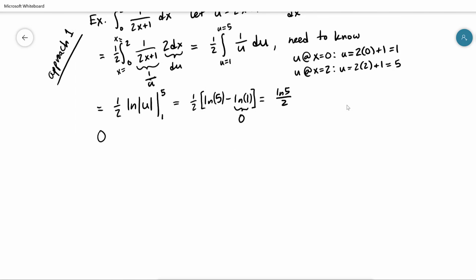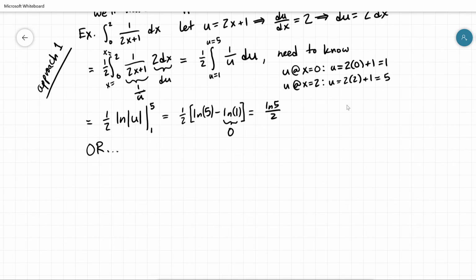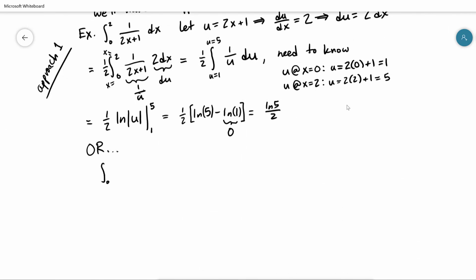I can start with the same thing, the integral from 0 to 2 of 1 over 2x plus 1 dx. And in this case, I'm never going to switch the bounds. I'm not going to evaluate at this stage. I'm not going to plug in the bounds in terms of u. I would instead convert back to be in terms of x, so I never have to change what these values are.